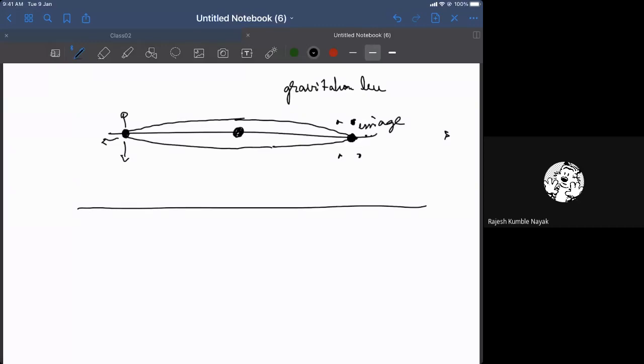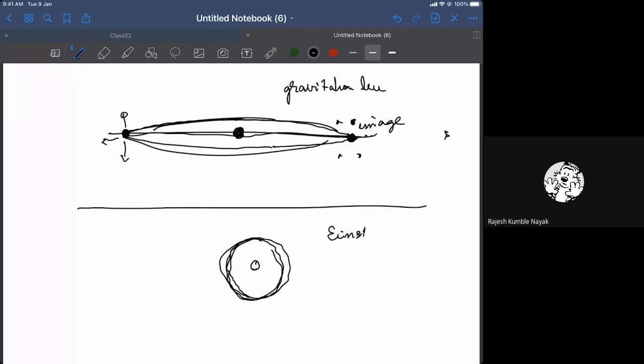And there is one case in which these objects are completely aligned, as I have shown here, and then you have a dark object or this massive object, and then it fully forms the ring around this. Light emitted from this would from all around come and meet here, and you would see a ring like image, and that is called the Einstein's ring.